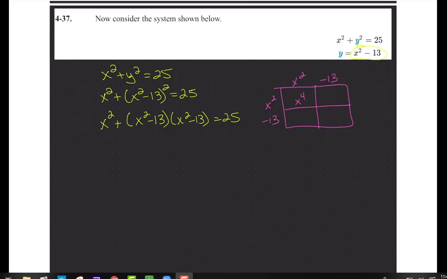Because that would be x times x times x times x. Minus 13x squared. Minus 13x squared. And what's negative 13 times negative 13? Isn't it like 169? Yep, good job. Positive 169.